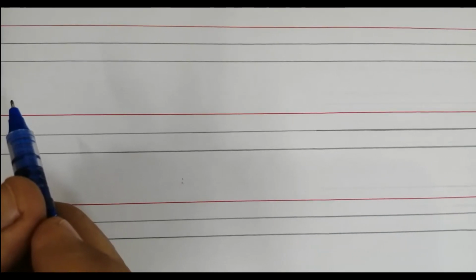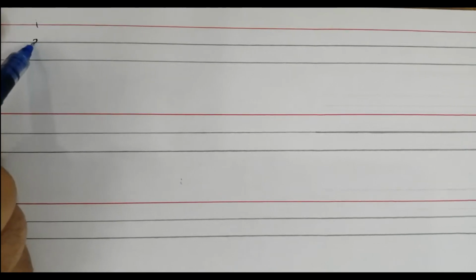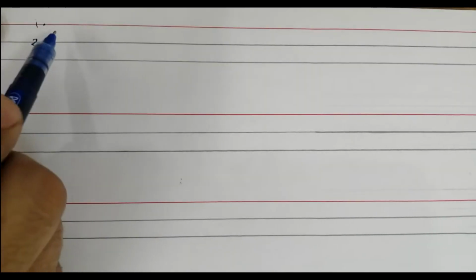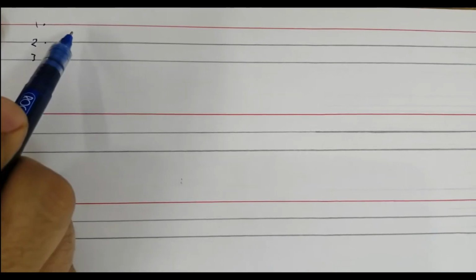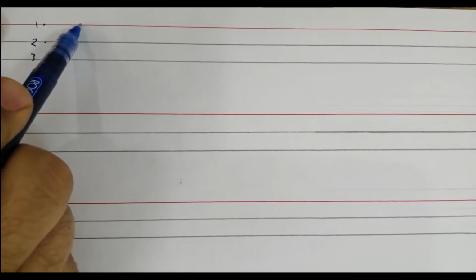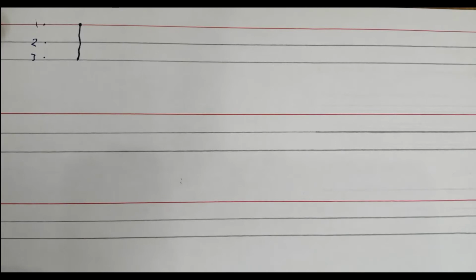Now we get letter J. As mentioned before, we have 3 lines. Line 1, 2, 3. We always start with the red one here. Okay, J. How to write J? Firstly, we have a falling line from line number 1 to line number 3, like that.